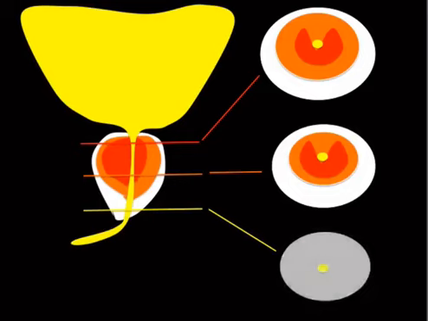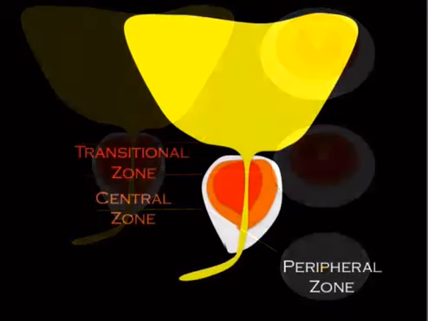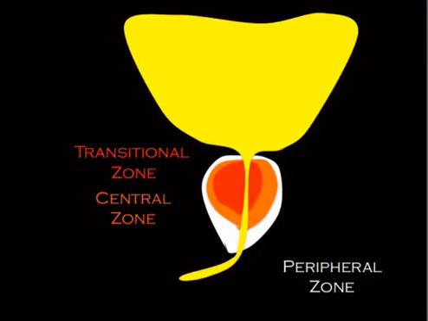So you're usually shown prostate anatomy in axial cuts, and it's usually at one of these 3 levels, so it can look a little different depending on the level you're cut through. The important nomenclature is that there are 3 zones. You have a peripheral zone, which is the T2 hyperintense peripheral portion, and then you've got a transitional zone, which is in red here, and a central zone, which is in orange.